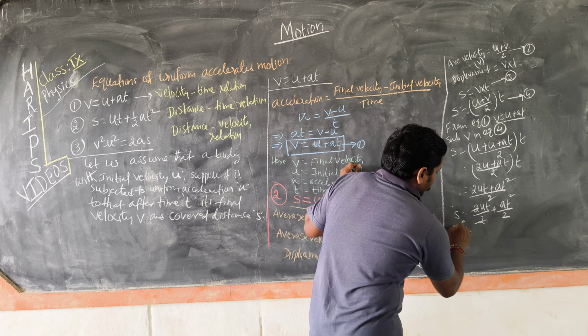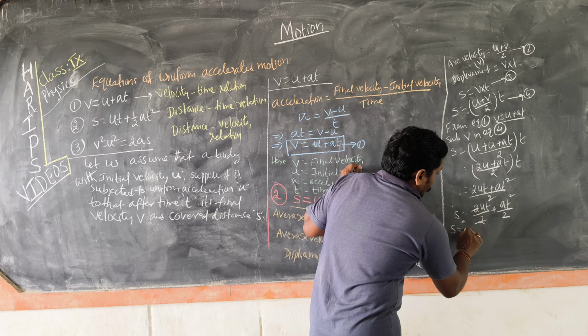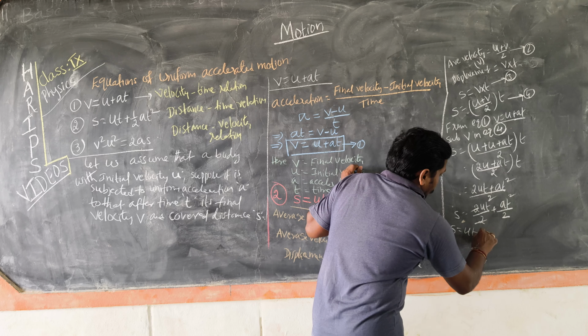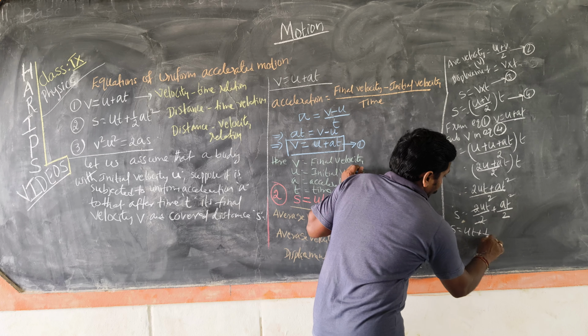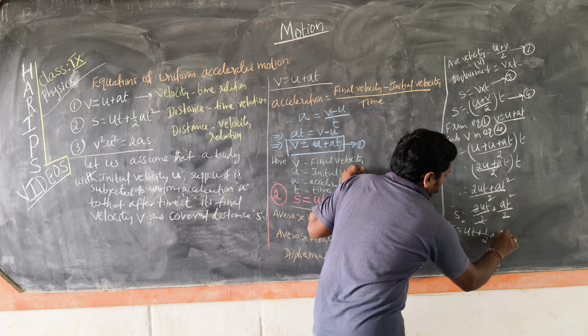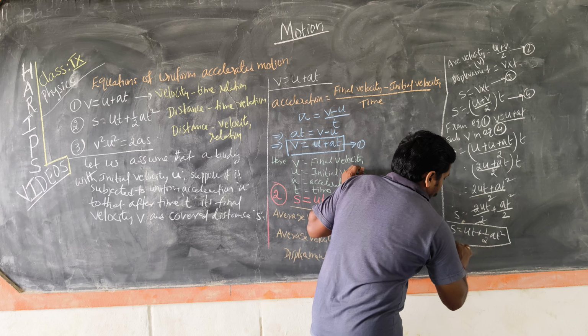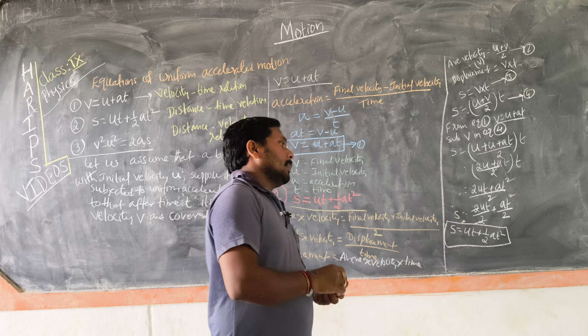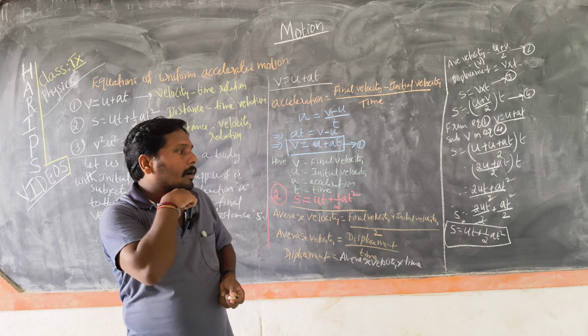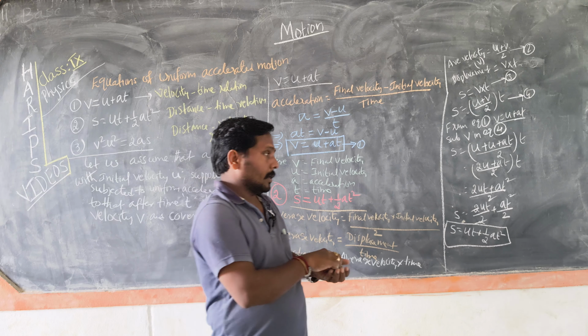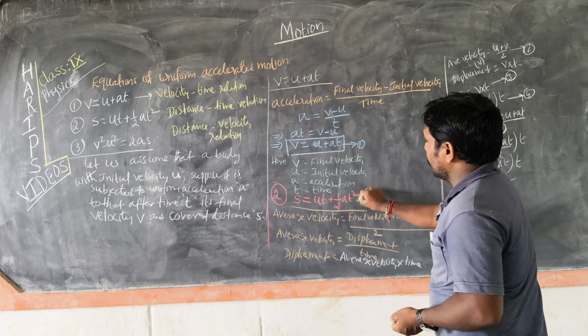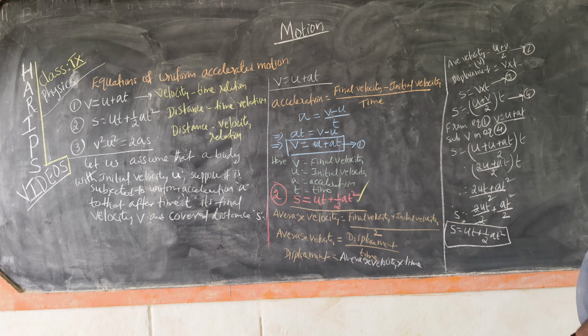The remaining is s is equal to ut plus 1 by 2 at square. So we derived the second equation also.